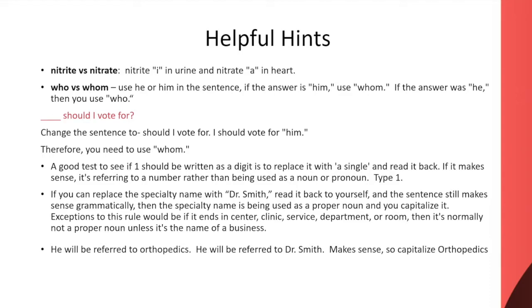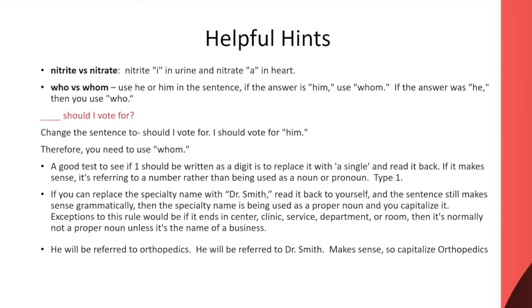But if you say, I should vote for, oh wait, now I'm getting that mixed up. Sorry, I'm confusing everybody. Change the sentence to, should I vote for him? So you just forget about the blank at the first and put it at the end of the sentence.